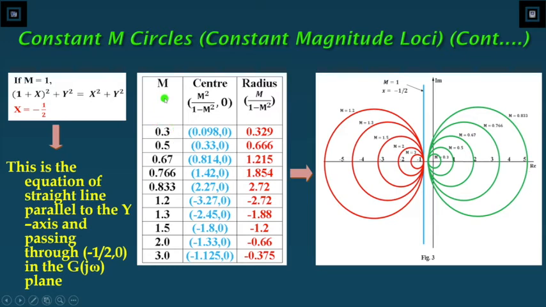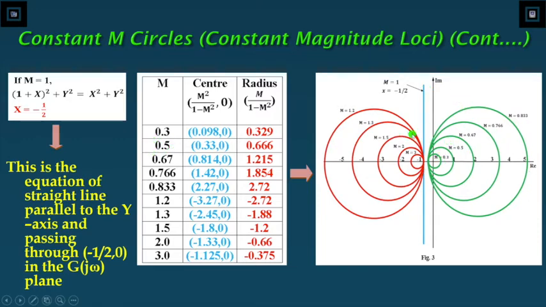For 0.3 of magnitude, this is the circle. The radius is 0.329 and the center is 0.0980. That means this is the right hand side of this line.